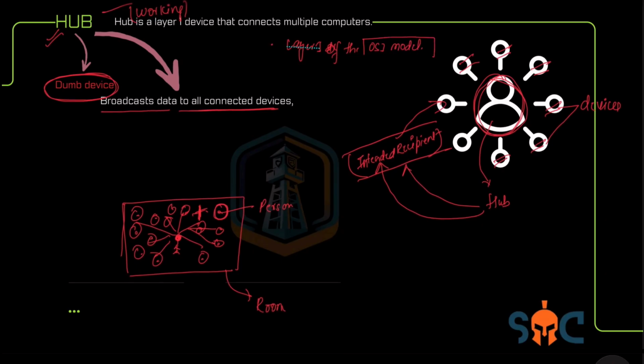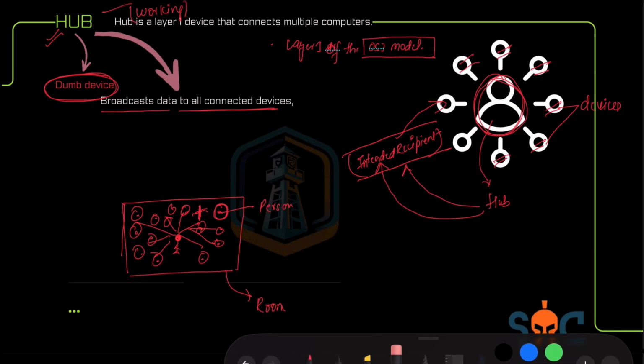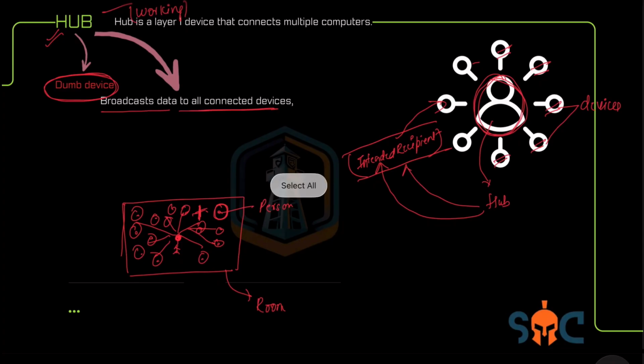We will be understanding the OSI model briefly in our upcoming videos. So a hub is a layer 1 device, and layer 1 is the physical layer in our OSI model.